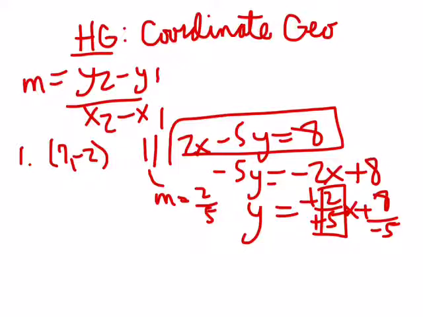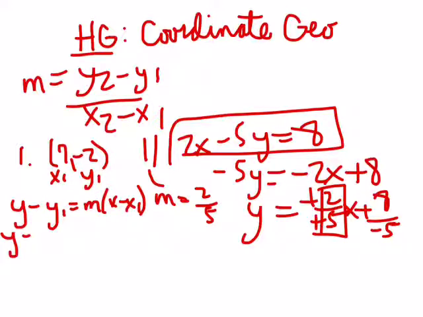So then let's do point slope on this one. So x1, y1, point slope is y minus y1 equals m times x minus x1. So this will be y minus a negative 2 becomes plus 2, equals the slope, 2/5, times x minus 7. Okay, distribute the 2/5.